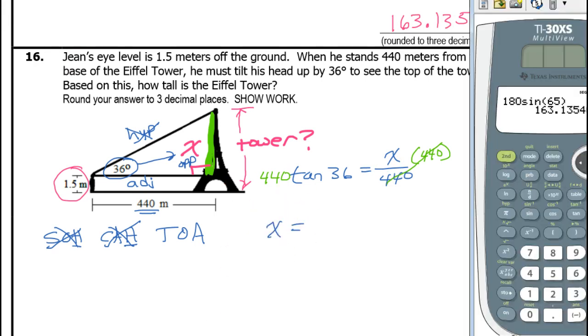All right, calculator time. So this will be 440 tangent 36. Okay, so that's 319.679. Got to round up.